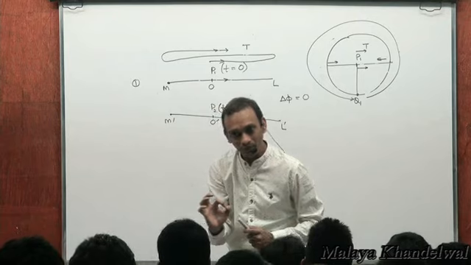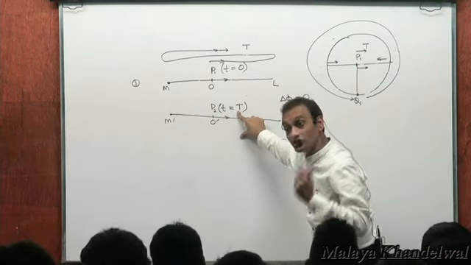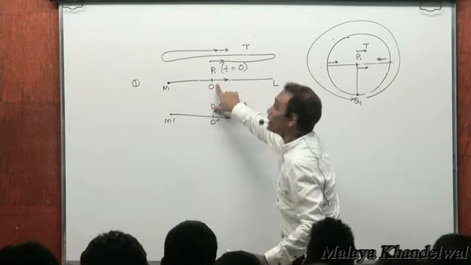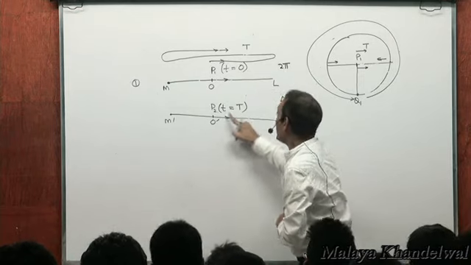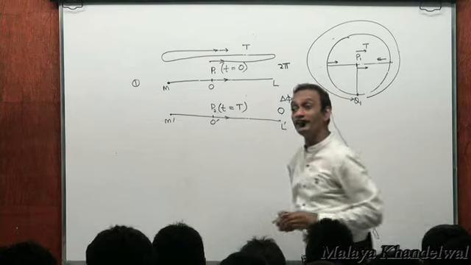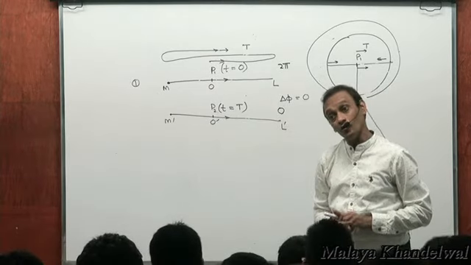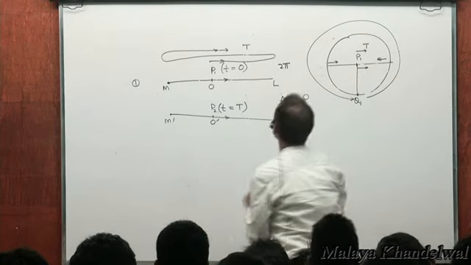Yes or no? You know what I'm saying? At t equal to capital T, at this instant of time, the auxiliary particle of this described 2 pi radians at the center, and at t equal to capital T, the auxiliary particle of this described 0 radians at the center. So now, is the phase difference 0 or 2 pi? 2 pi. The phase difference now is 2 pi.